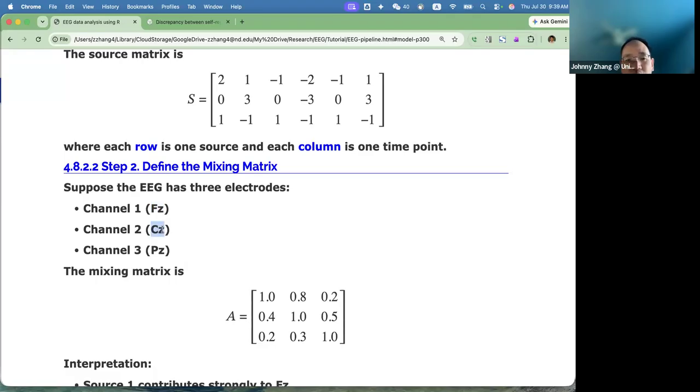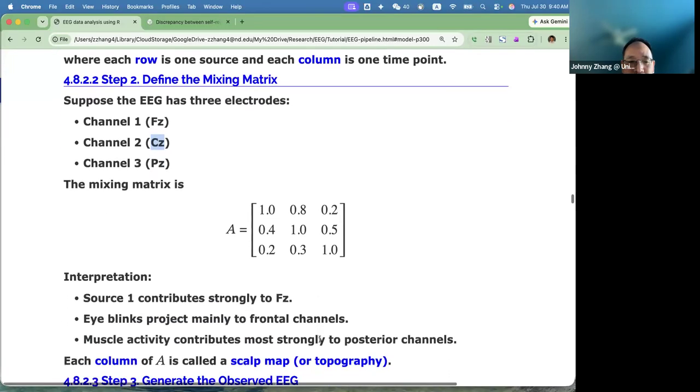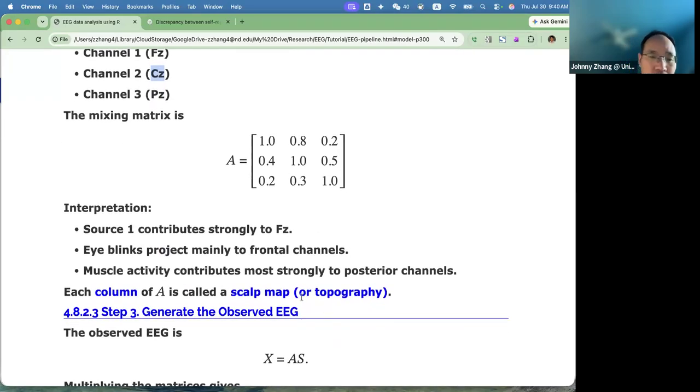Okay. And from here we can see that the first channel mainly relates to the first source, and the second channel is mainly about the eye blink. The third channel is more about the muscle activity. Okay, so we have the information here. And each column of A is also called a scalp map or topography of the channel.